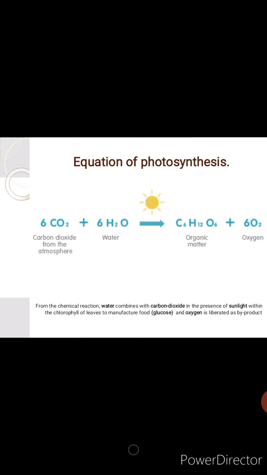This is the equation whereby the plant requires carbon dioxide plus water in the presence of sunlight and chlorophyll to form a six-carbon structure, an organic matter called glucose, and oxygen is liberated.